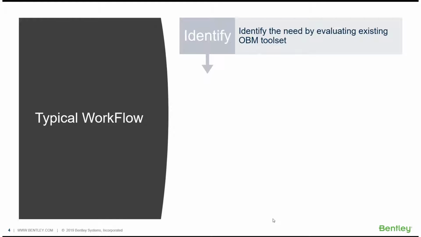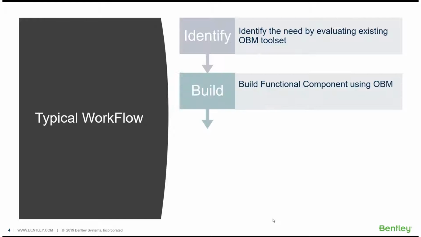You cannot do a variable cap or a variable column element using our existing dialog boxes. We provide a great deal of parametrics, but sometimes there is a type of structure that you cannot cover. Then you will say, I need to build a functional component using OBM, OpenBridge Modeler.